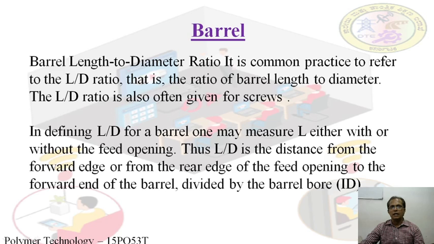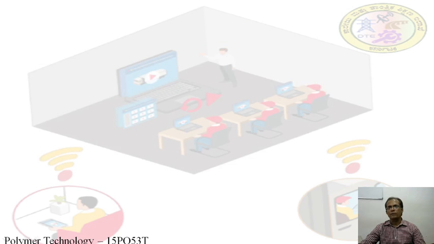In designing LD ratio for a barrel, one may measure L, that is length, either with or without the feed opening. Thus, the LD is the distance from the forward edge or from the rear edge of the feed opening to the forward end of the barrel divided by barrel bore.